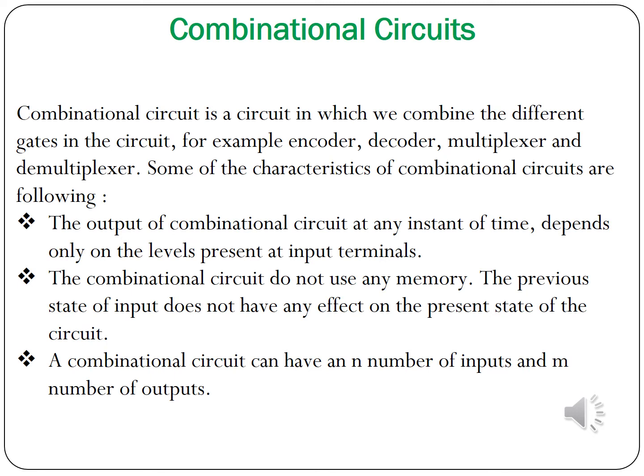There is no feedback component in a combinational logic circuit, and it does not use any memory element. The previous state of the input does not have any effect on the present state of the circuit. Combinational logic circuits have n inputs and m outputs. So this is an overview or introduction of combinational logic circuits.